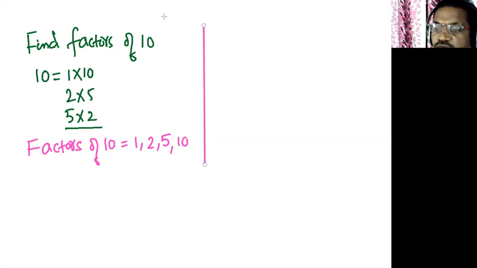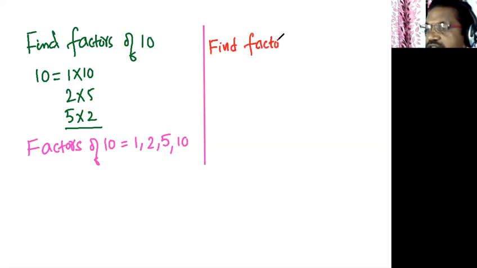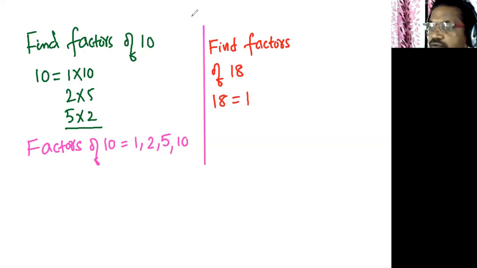Now let us take one more number. Find factors of 18. You can write directly also. 1 18s are 18. Dividing 18 by 2, 2 9s are 18.